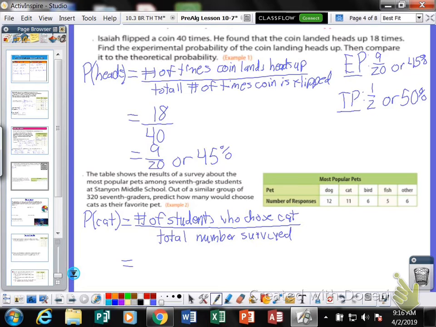So this is going to equal our number of students who chose cat based off the table. We can see right here was 11. Then the total number of students surveyed.